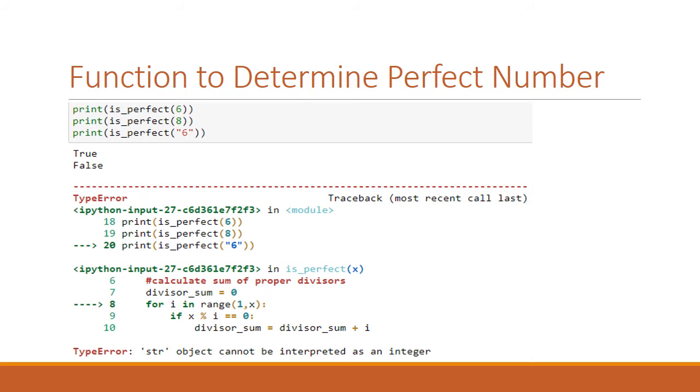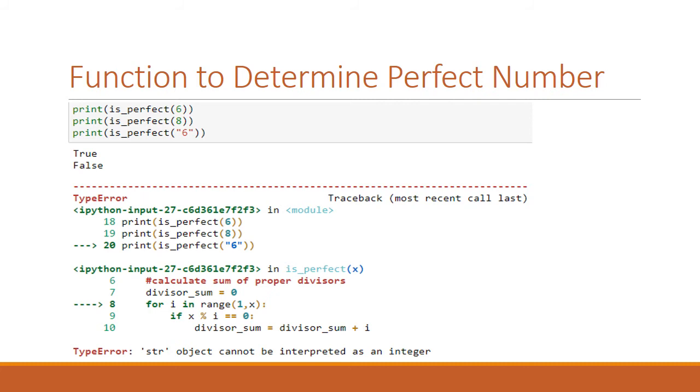Our second statement is a print statement where isPerfect is called and 8 is our argument that's passed into x. So x is now equal to 8, and we find the sum of the proper divisors of 8, and that sum does not equal 8, so the function returns false.